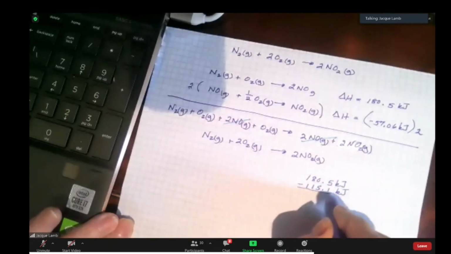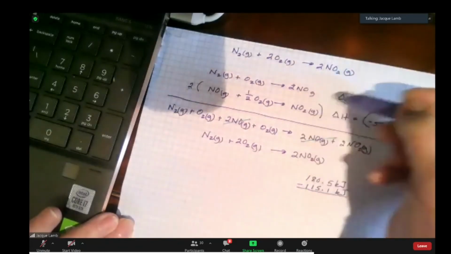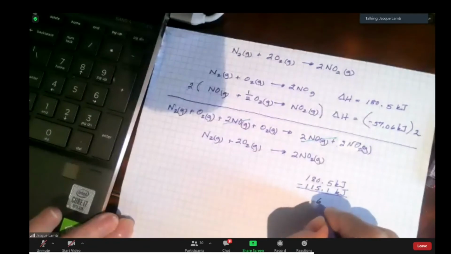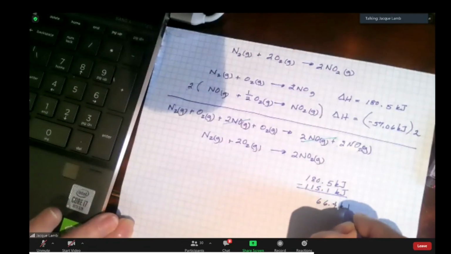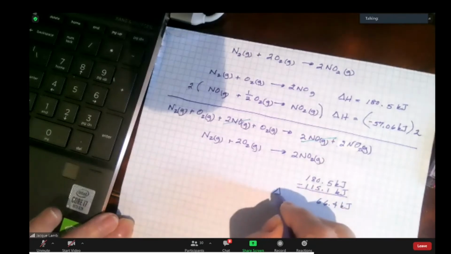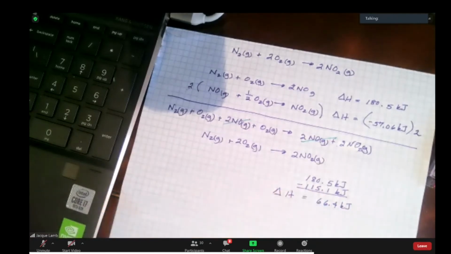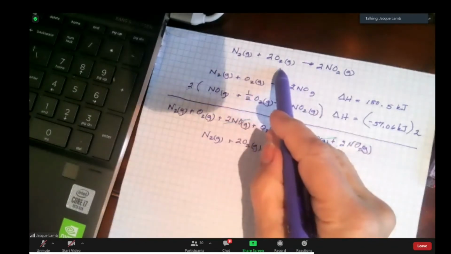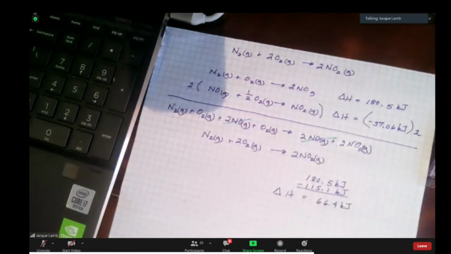We add those two together, just like we added these two equations. We add the enthalpies together, and the enthalpy for that reaction is 66.4 kilojoules for the reaction N2 gas combining with oxygen to form NO2.